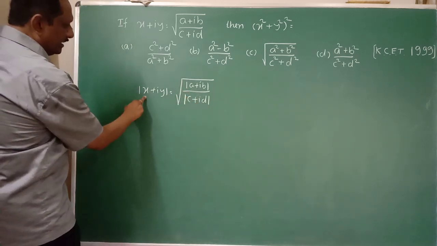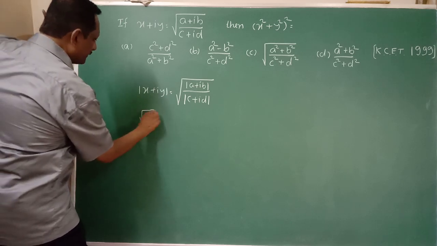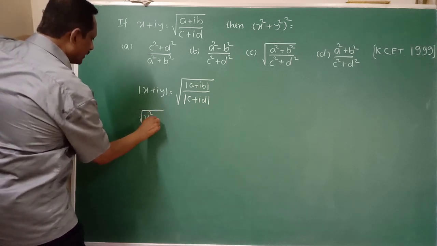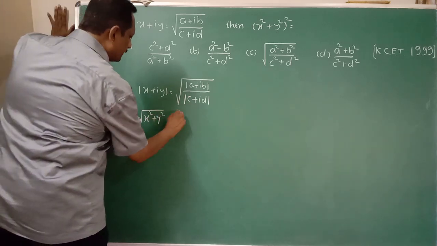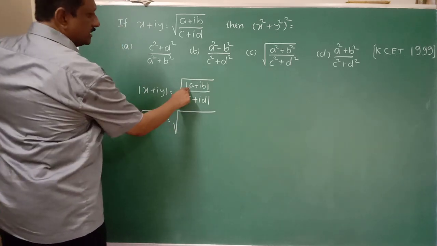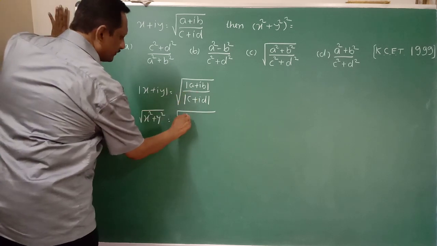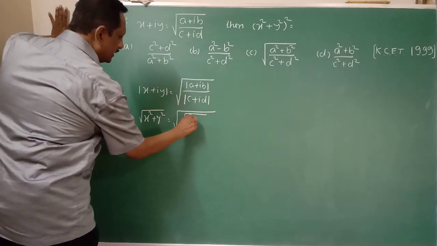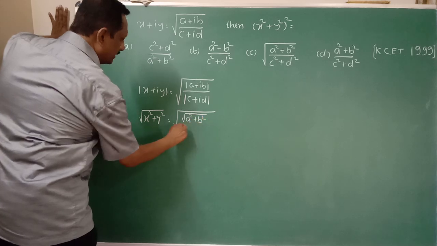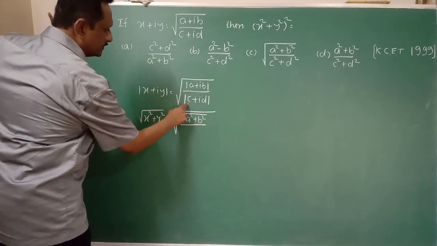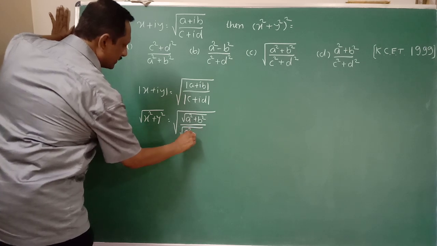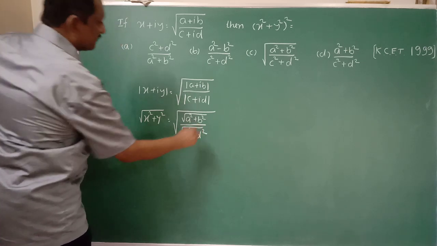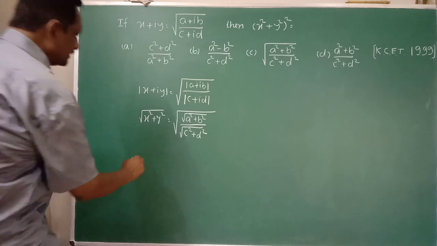Modulus of x plus iy is the root of x square plus y square. That is equal to root of, modulus of a plus ib, which means root of a square plus b square, divided by modulus of c plus id, which is root of c square plus d square.